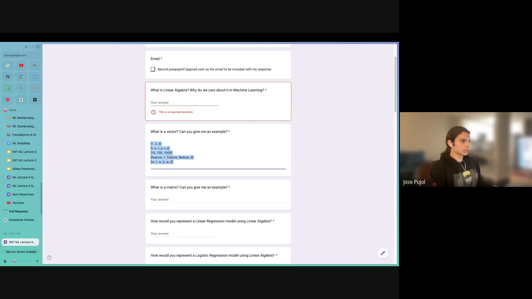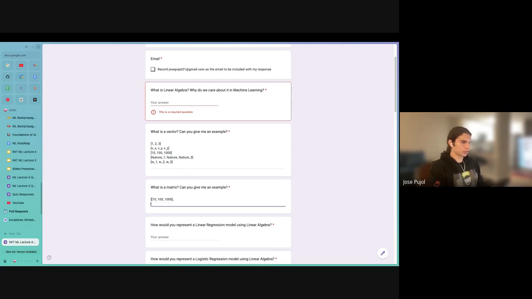A matrix would be a similar example, but now you would have this list of vectors, I guess you could call it. You can imagine every row and every column in a matrix is itself a vector. So it's like many vectors put together. But that might not be the right way to think about matrices.